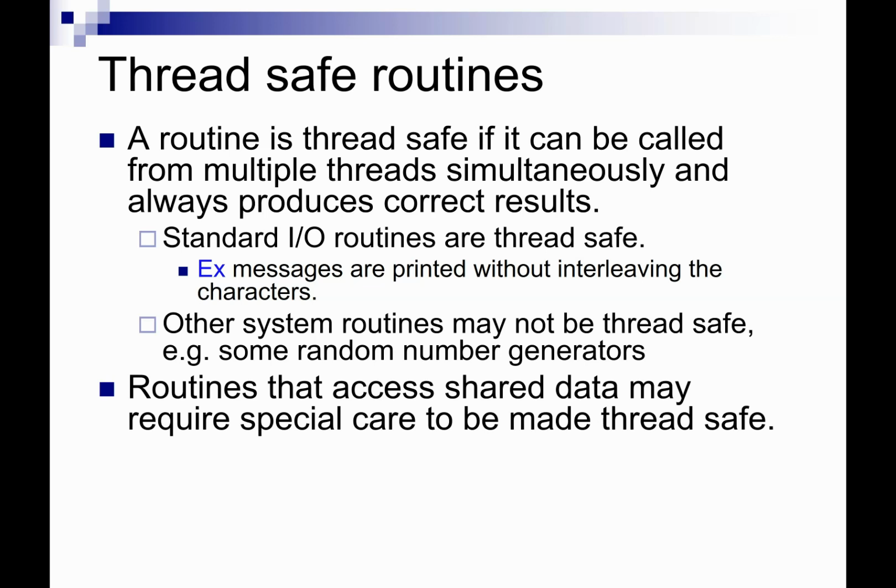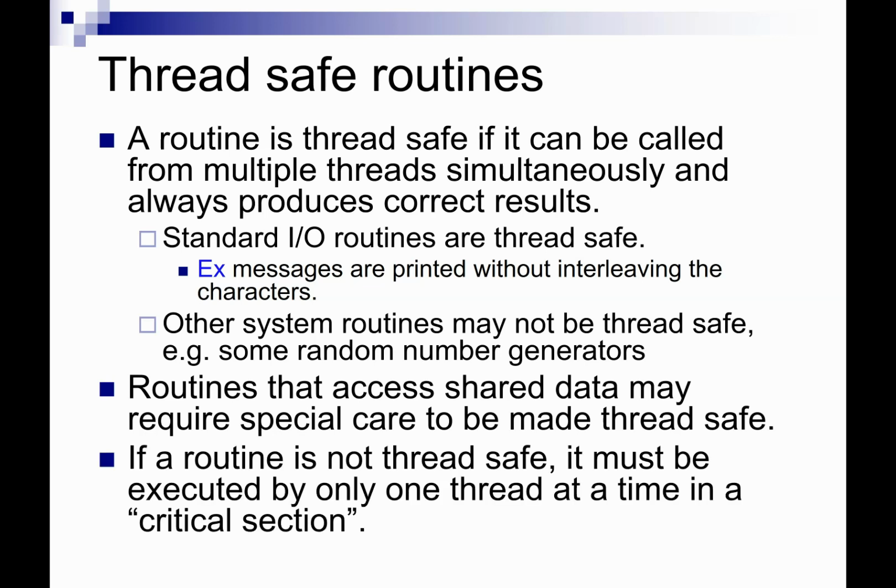So as I said, usually these race conditions only occur if we have accesses to shared variables. Whenever we have multiple threads accessing, let's say, a shared data structure, we have to be very careful about how we write these programs.